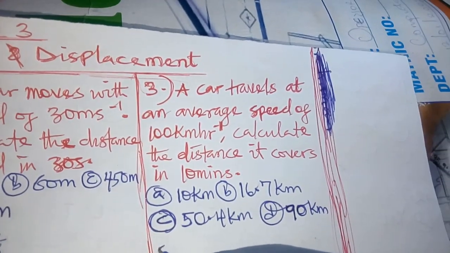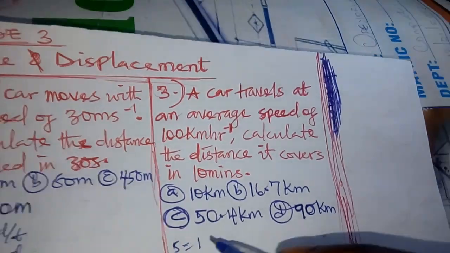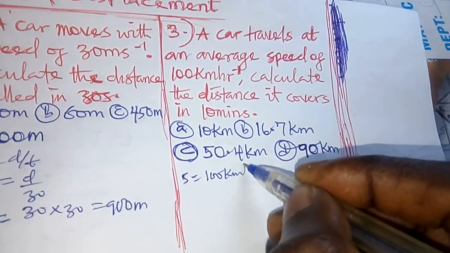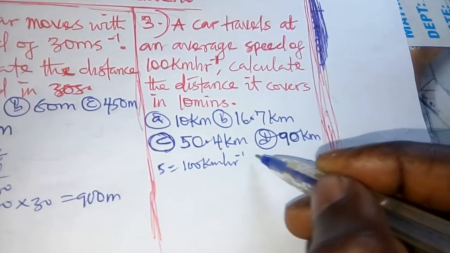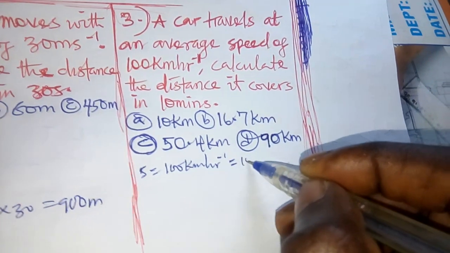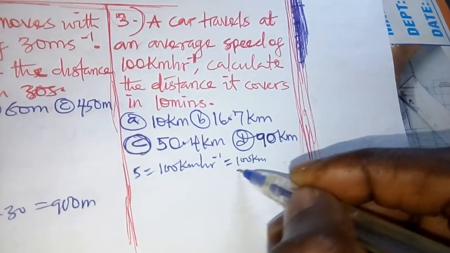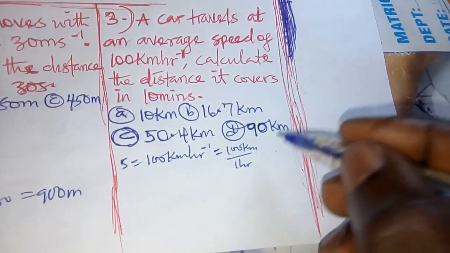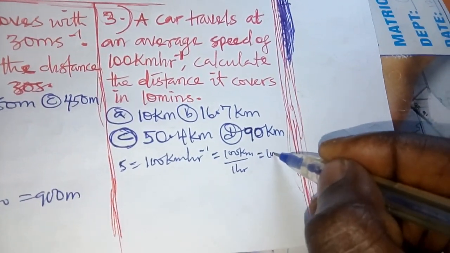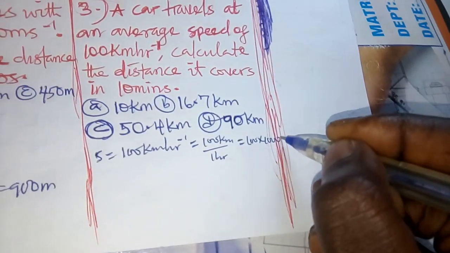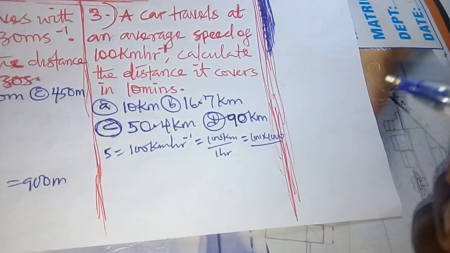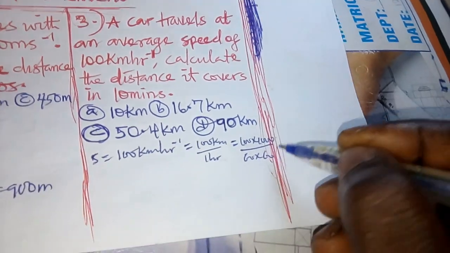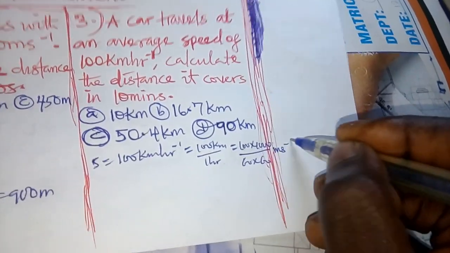The speed given, 100 km per hour, is the same as 100 km over 1 hour. Now 100 km to meters is 100 times 1000 meters, since 1 kilometer is 1000 meters, and 1 hour to seconds is 60 times 60. So this is in meters per second.